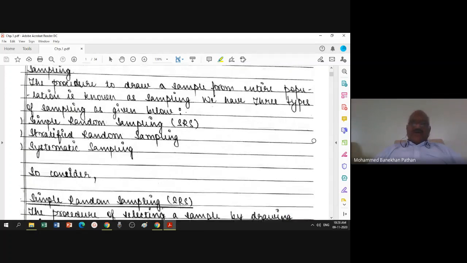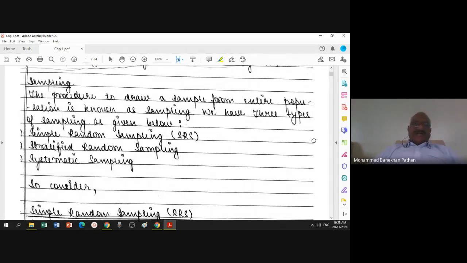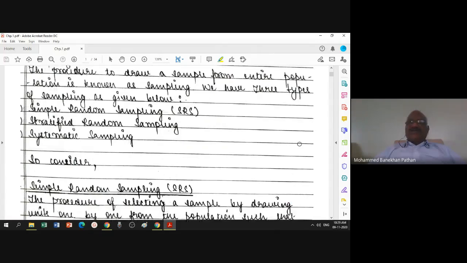So if I want to define sampling, I will say the procedure to draw a sample from the entire population is known as sampling. Sampling is a scientific procedure. There are many methods to draw a sample from the population, but as per our syllabus, we proceed with only 3 methods.